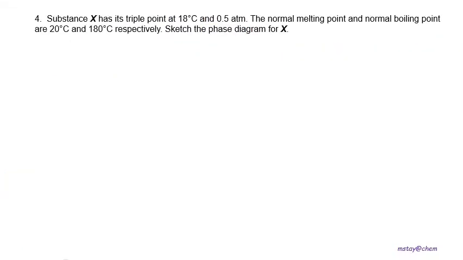Continue with tutorial question number 4. Substance X has a triple point at 18 degrees Celsius and 0.5 atm. The normal melting point and normal boiling point are 20 degrees Celsius and 180 degrees Celsius respectively. So as mentioned just now, normal melting or any point at normal condition here refers to 1 atm.